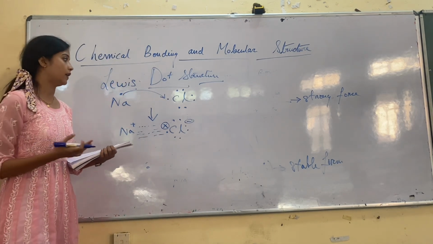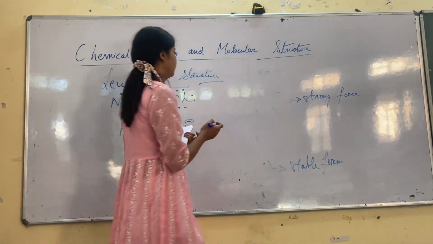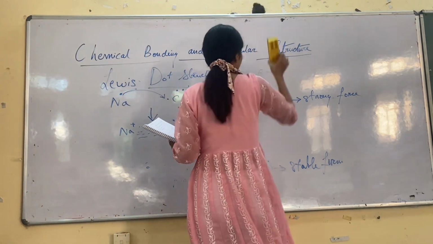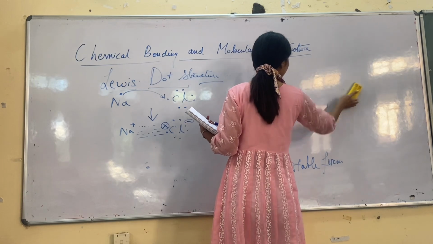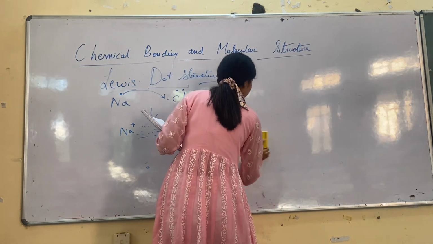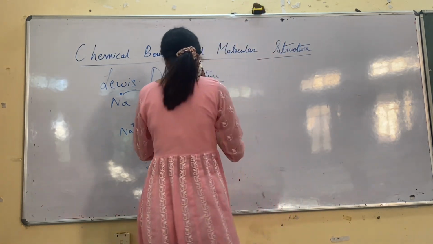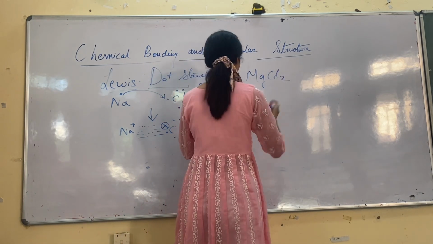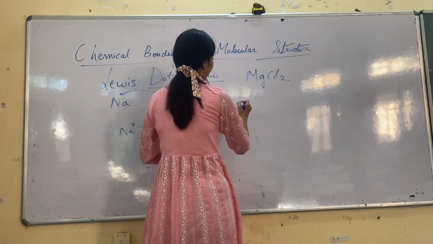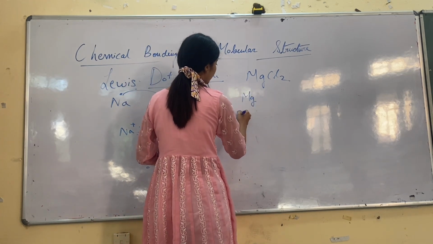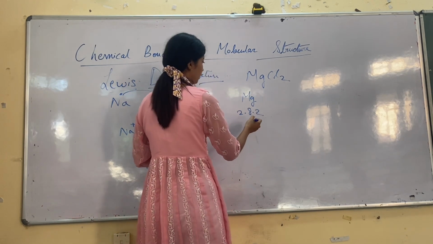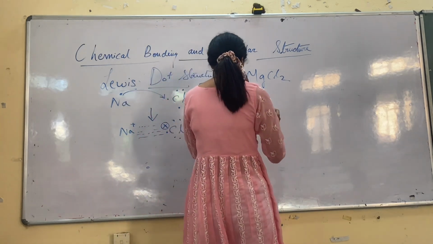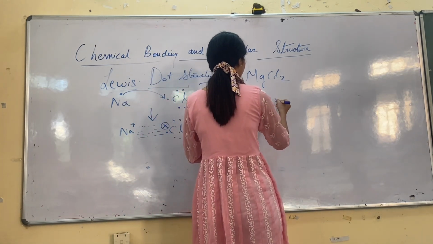Let us take another example of MgCl2. Here, Mg is 2.8.2. It has two extra electrons.